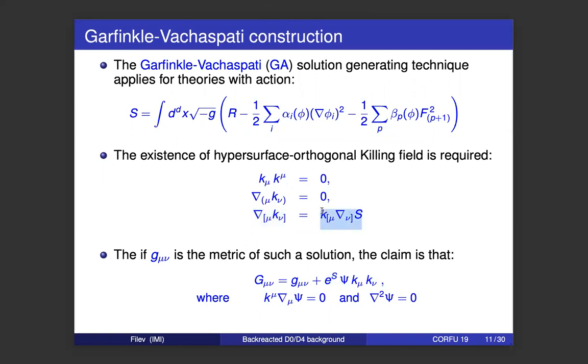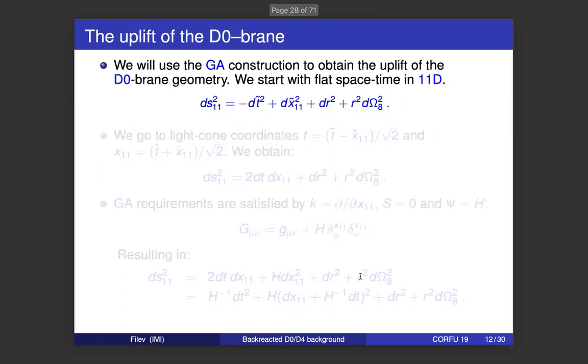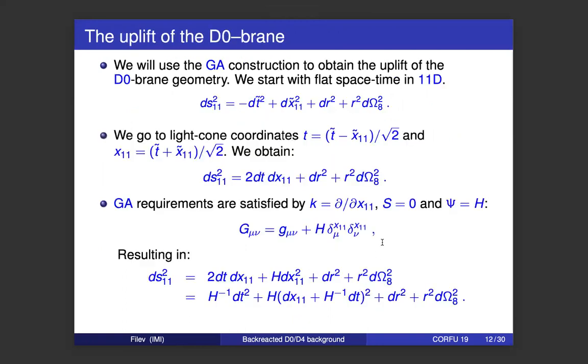So for S equals 0, you can check that also. Now, you could trivially ensure that by considering psi that does not depend on x11 in this case. And then you're done. And if you write this, then you obtain this metric. You just add this, you have that metric, and the only thing that you did was you added this piece to it.